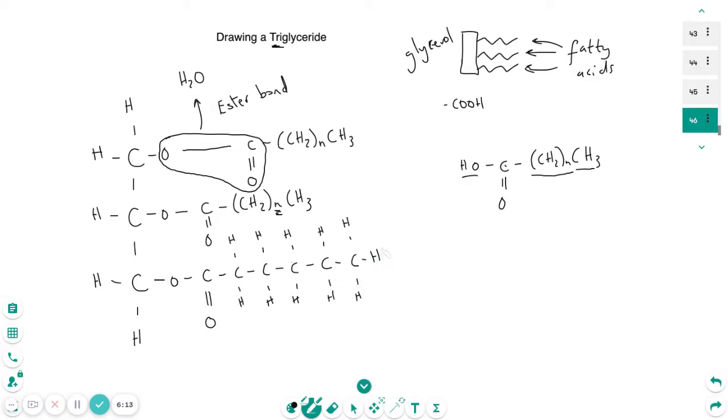So for doing triglycerides, we have to be able to draw glycerol. We need to be able to draw fatty acids. We have to show how an ester bond forms, and that's called esterification.